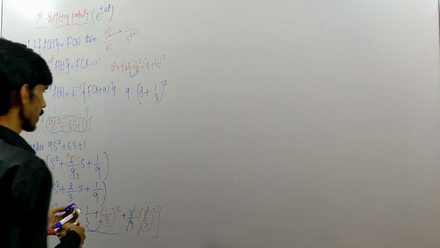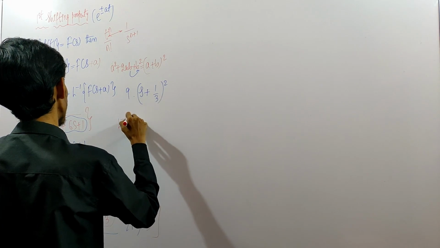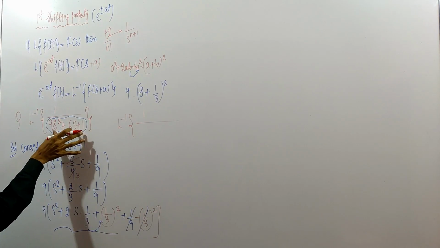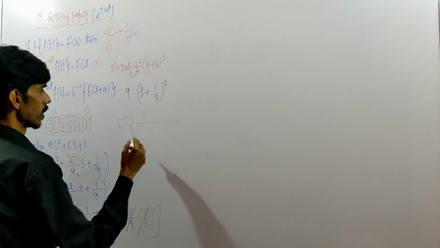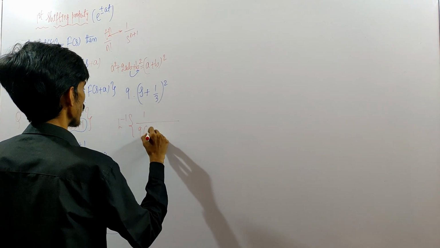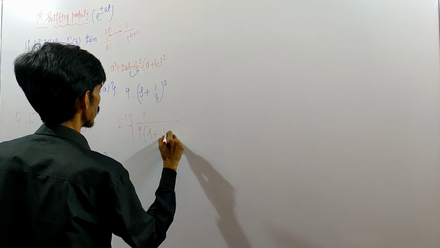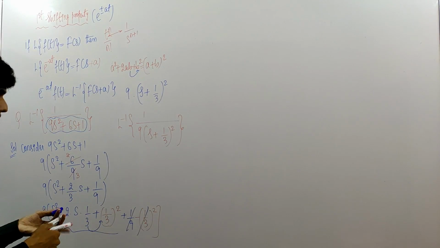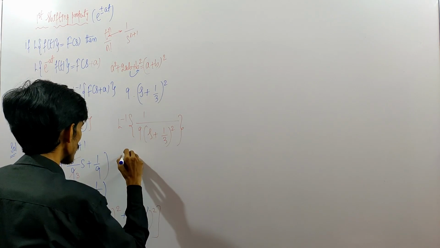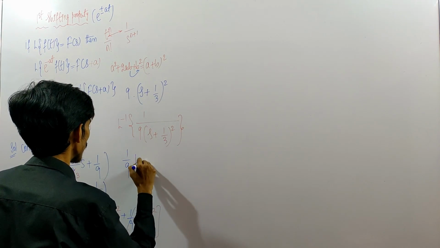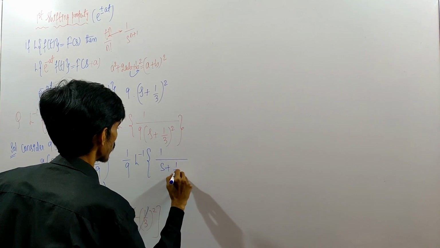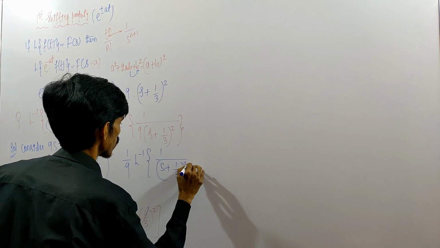So our question is L inverse 1 divided by this denominator, which can be replaced by 9 into s plus 1 by 3 square. Taking 1 by 9 outside this L inverse, we have 1 by 9 L inverse 1 divided by s plus 1 by 3 square.